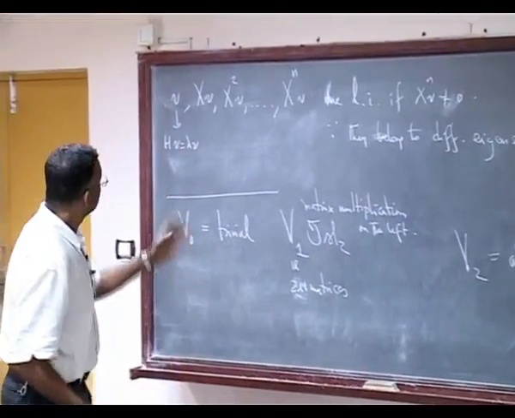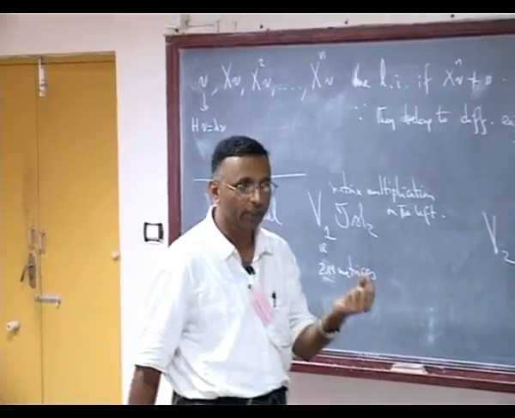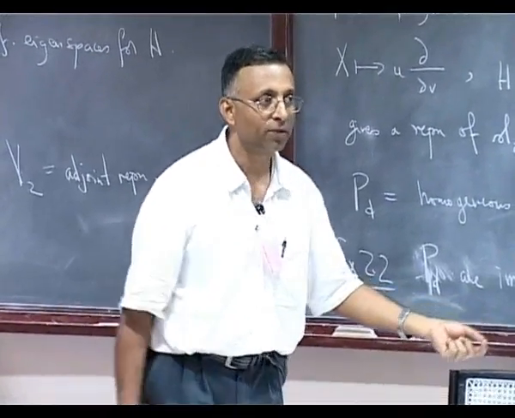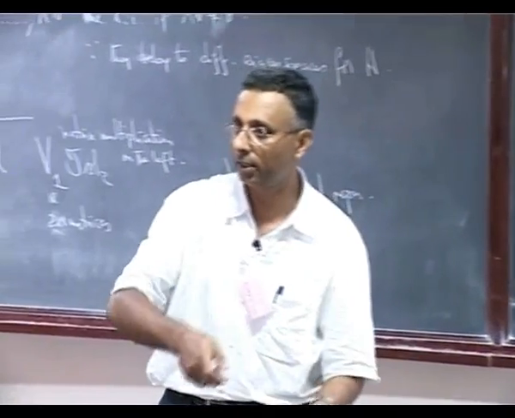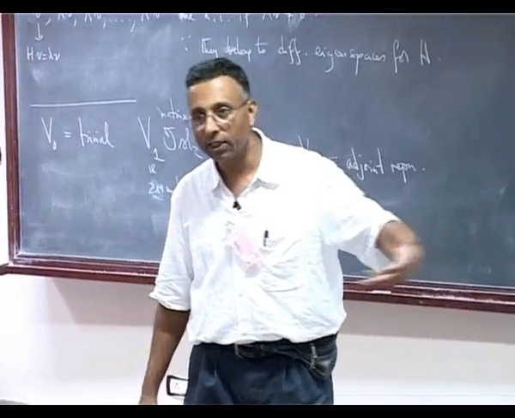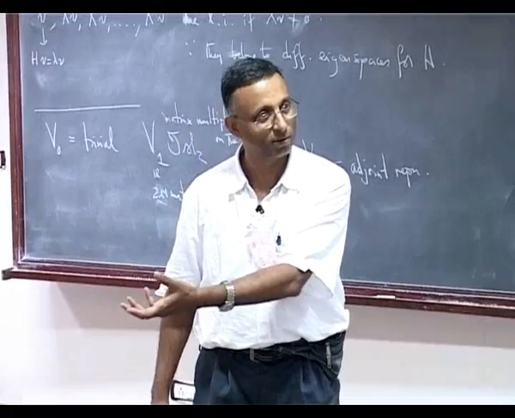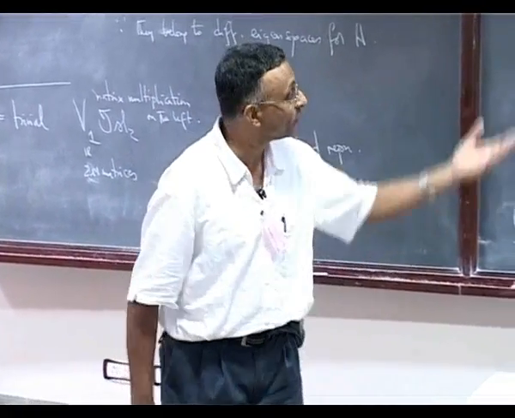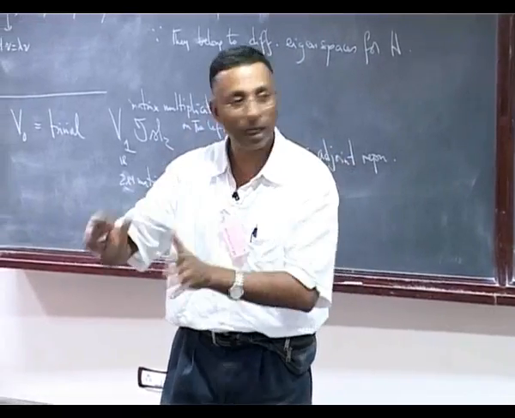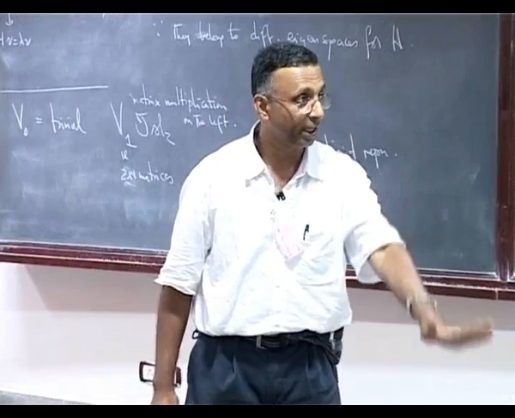Okay, so we have observed something else. So what does this mean? If I start with a certain v, which is an eigenvector for H, which I am assured exists because I have assumed my base field is complex numbers, hit it with x, hit it with x squared and so on, and keep going. If this continues, I will get an infinite dimensional module. That cannot be because I have assumed V is a finite dimensional module. So after some time I will get something that x will kill.